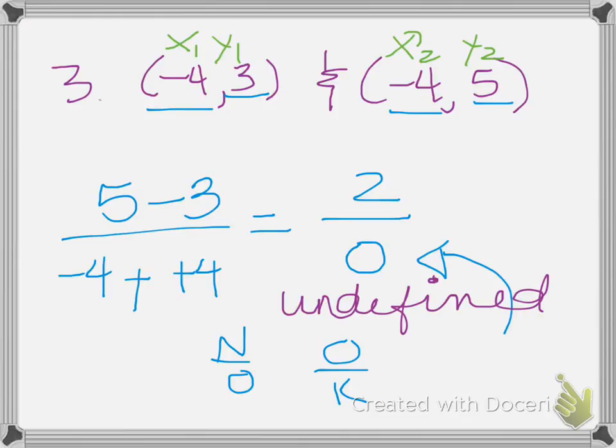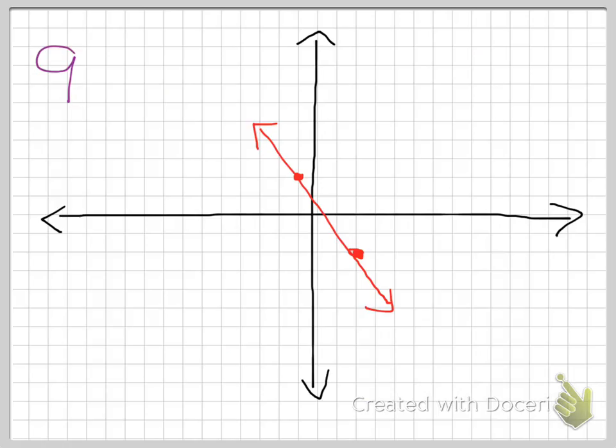All right, so let's look at something else. This is like number 9, and what you're doing is finding the slope of each line, and you're counting from the point that's further to the left on the line, that'd be this one, to the point that's further to the right. Here, remember, we do our rise over run, and the rise is up or down.